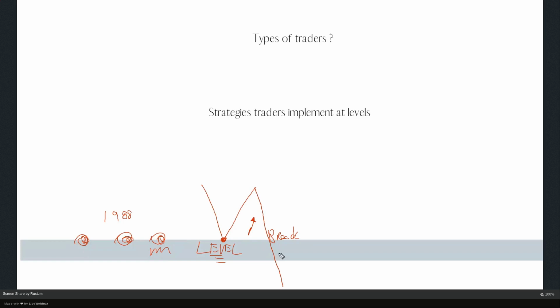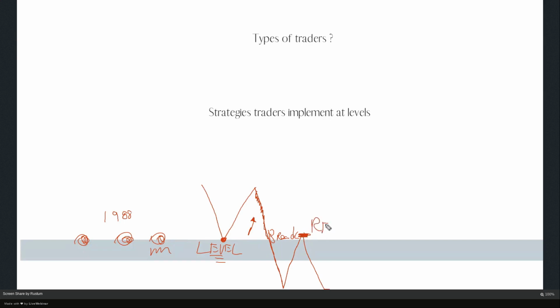And then you get the more conservative guy who also believes that price should go short, like the breakout trader does, but he wants some more confirmation. He wants a retracement before he decides to go short. So he's looking to trade there.